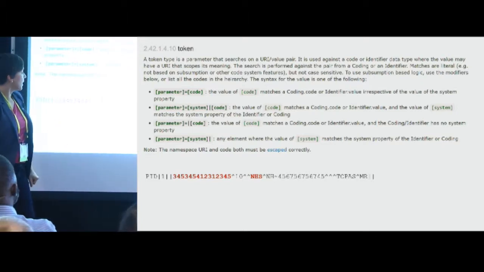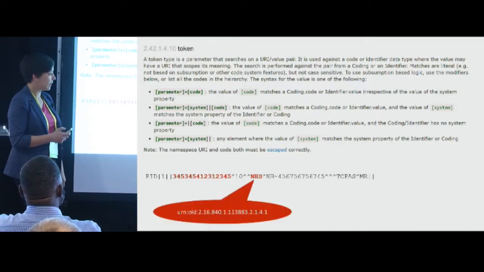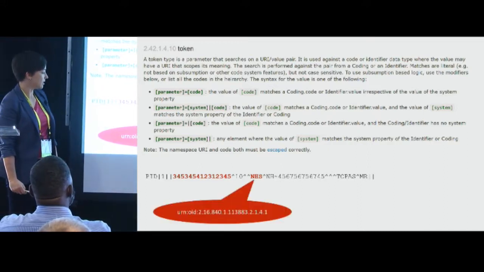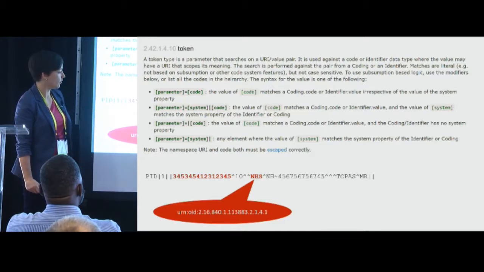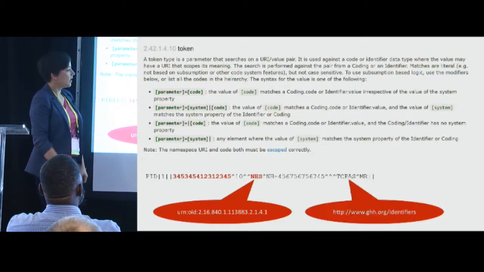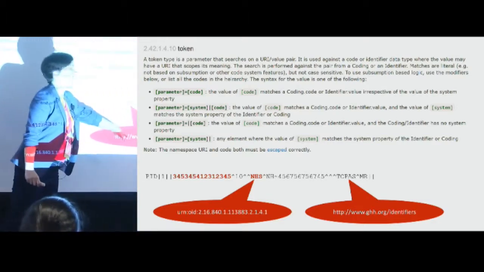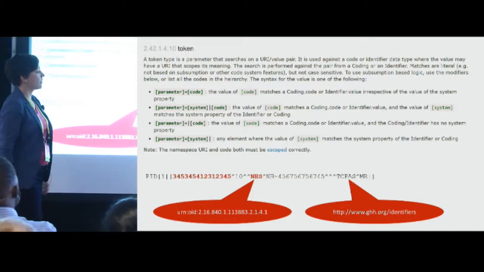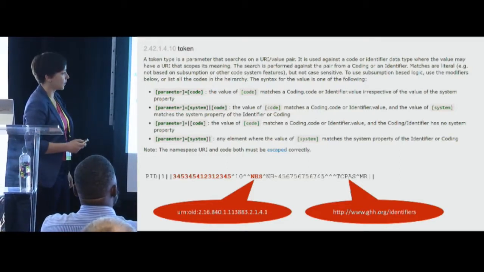So in FHIR, we would have to assign namespaces to these identifiers to make them unique. For the NHS number, we would find an OID that is most commonly used to identify this namespace. And for the hospital system, we would probably have in FHIR some kind of local URL that simply identifies the namespace of patient identifiers for this hospital.